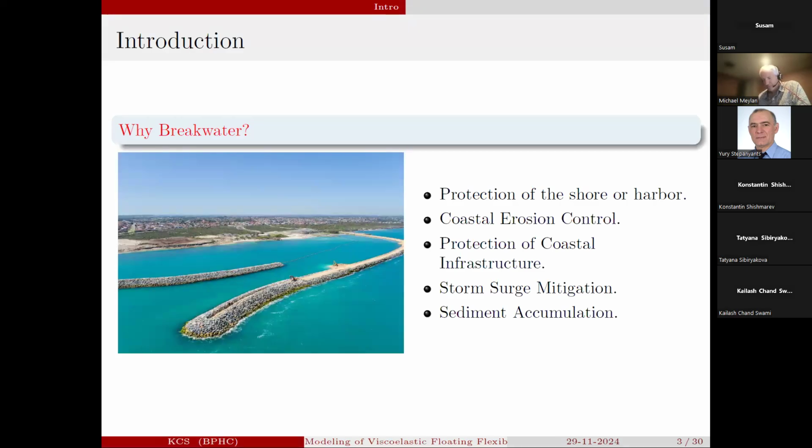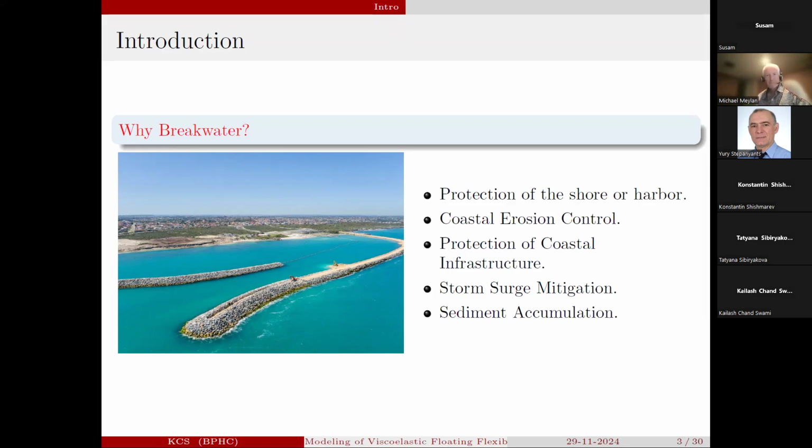Why do we need a breakwater, and what is its use in real life? We use breakwaters to protect the shoreline and harbors, because a breakwater absorbs and reflects the energy of incoming waves and reduces the impact of harsh water force on the coastline.